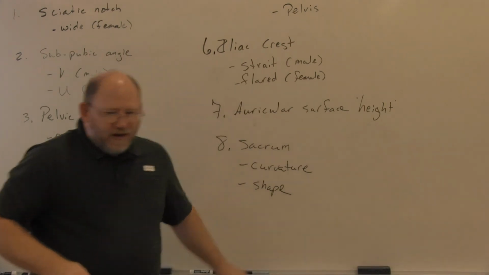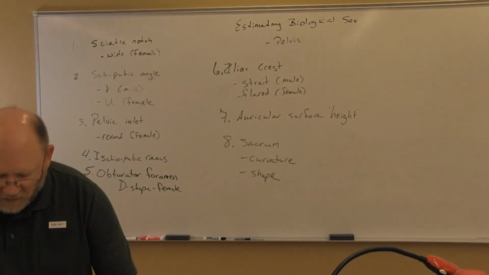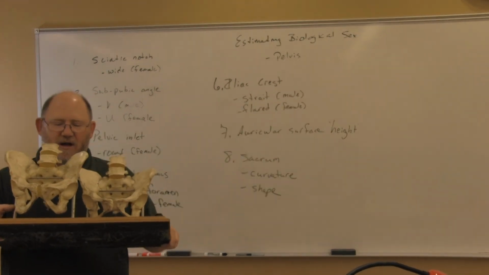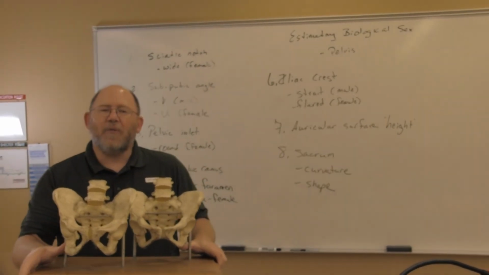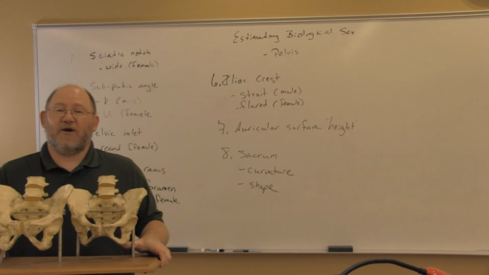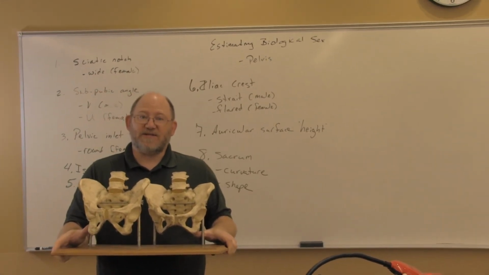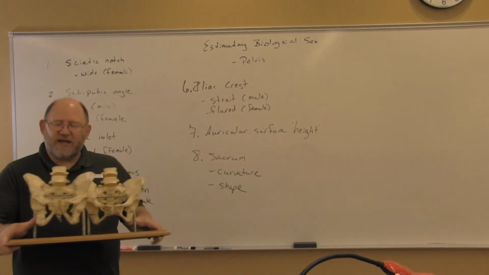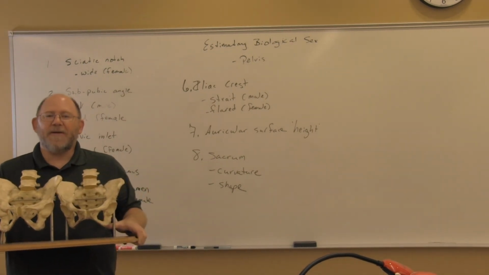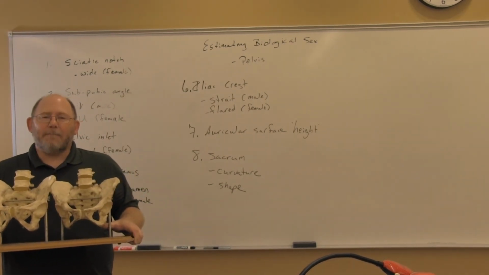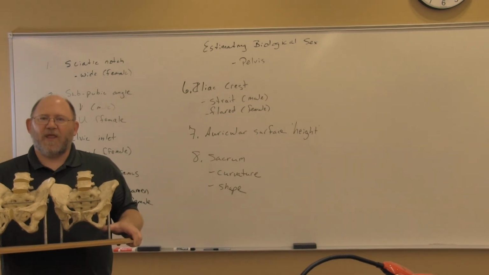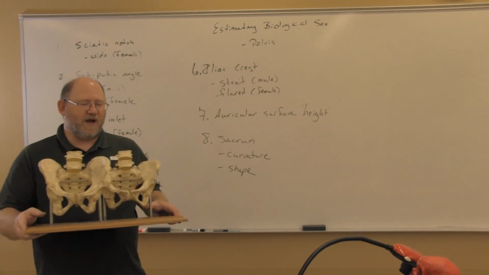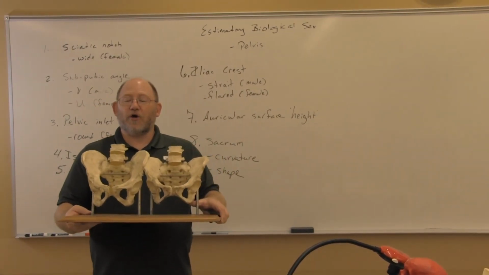I did not bring a sacrum out, an individual one, so we will use the sacrum that are on this. There are two main characteristics that we pay attention to with the sacrum: curvature and shape, as you see the two written on the board. In males, the sacrum is going to be on average more curved.